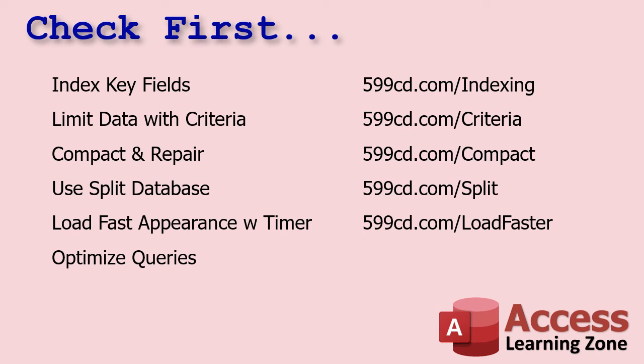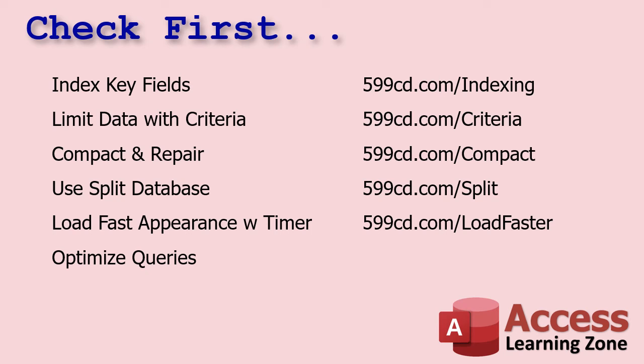Do that part first, right? The first step should be, take all these orders and just give me the ones from the past 30 days. Now the next step can be to do your calculations and your aggregates and all that stuff. So limit the data with criteria first before doing all your calculations.